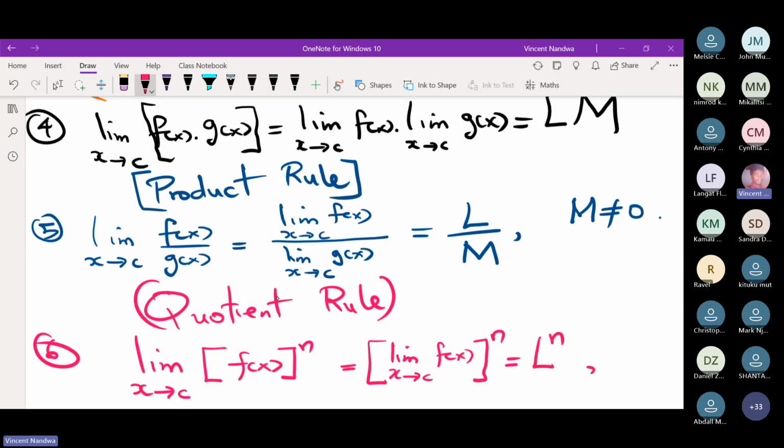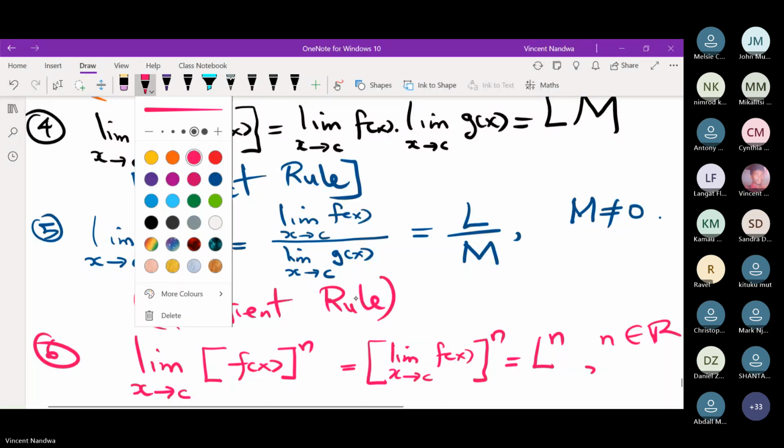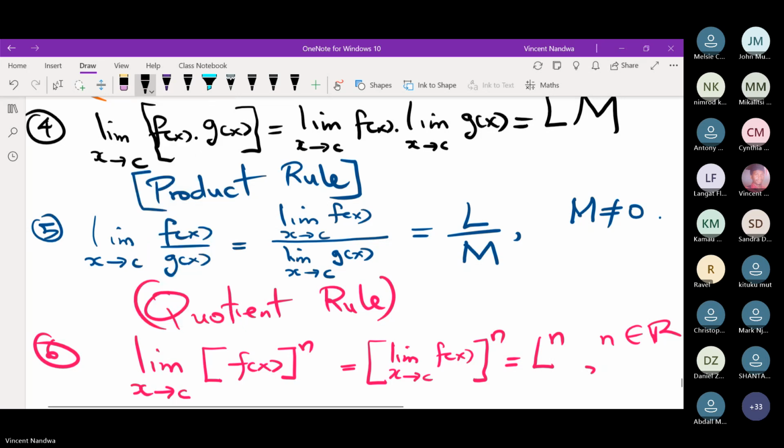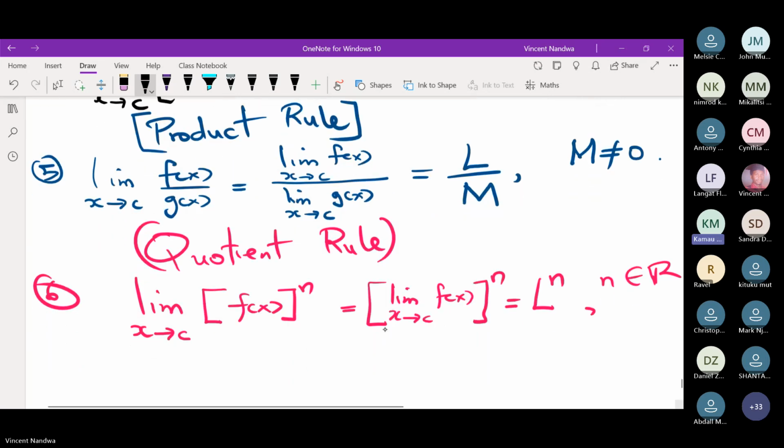So this n can be any real number. So what name can we give this from the structure of the statement? Power rule, correct. So this is the power rule.